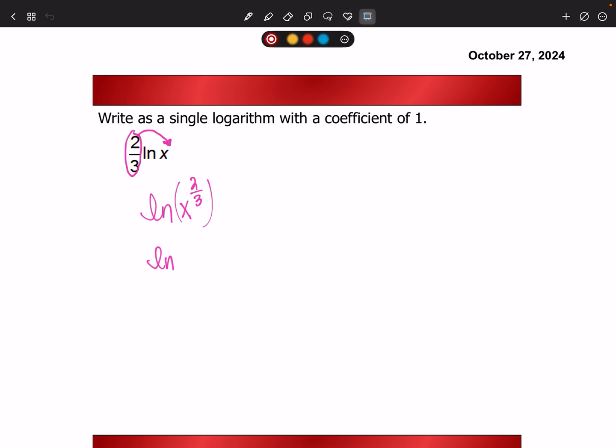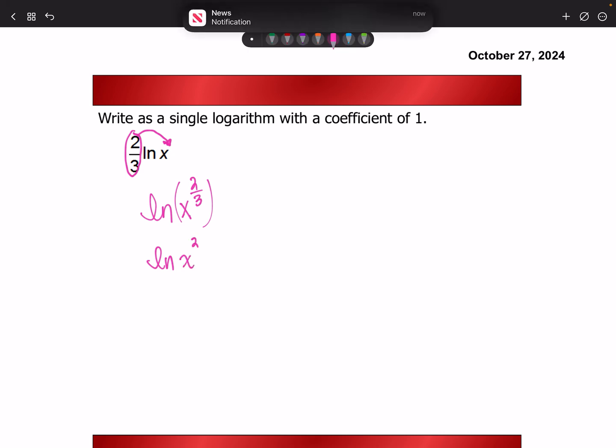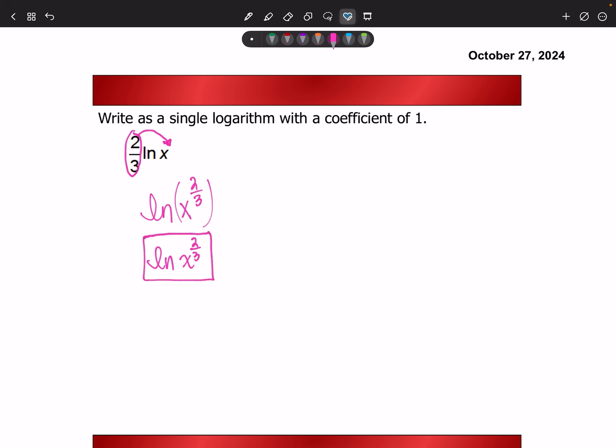But when it's just a monomial, it's common to just write it without the parentheses, so that's fine. On an answer key, it'll likely just have x to the 2/3, like that. Just make sure that your 2/3 looks like the exponent that it indeed is.